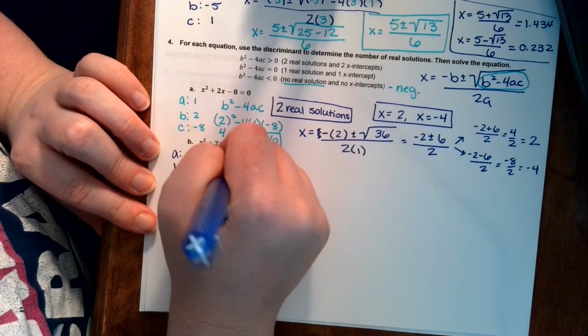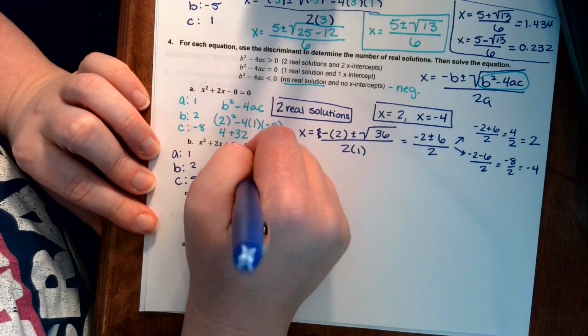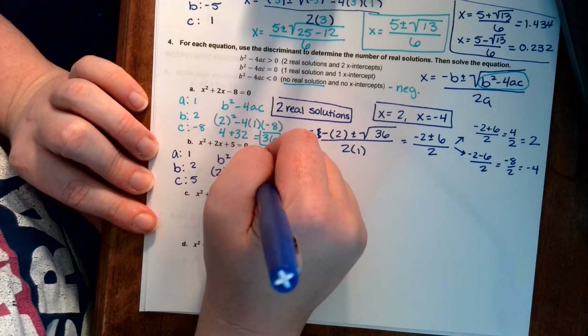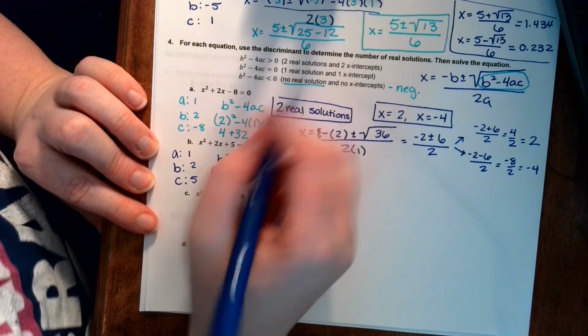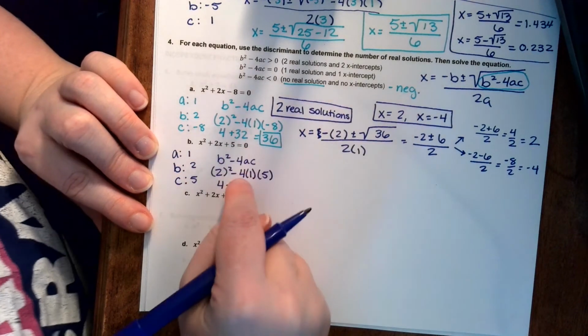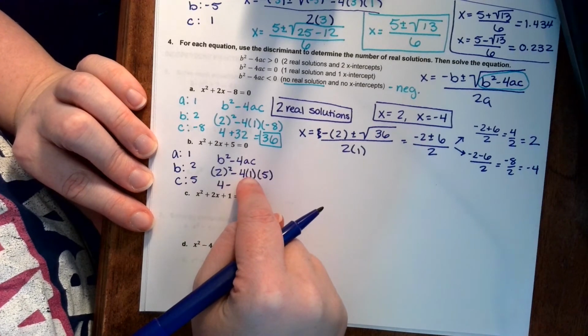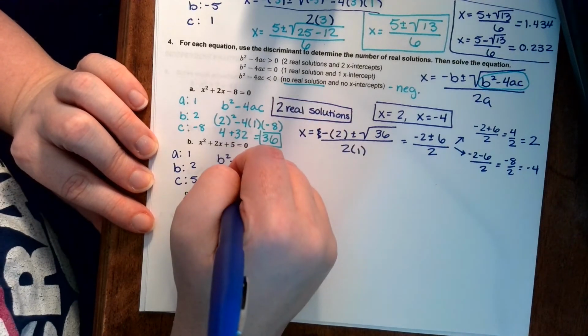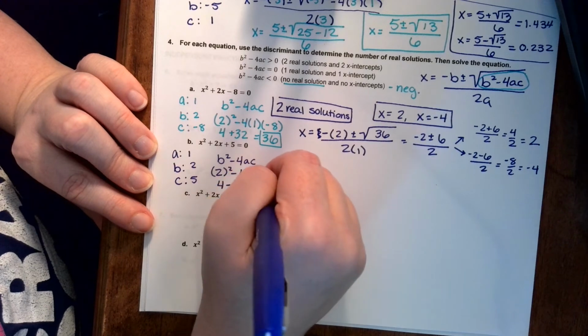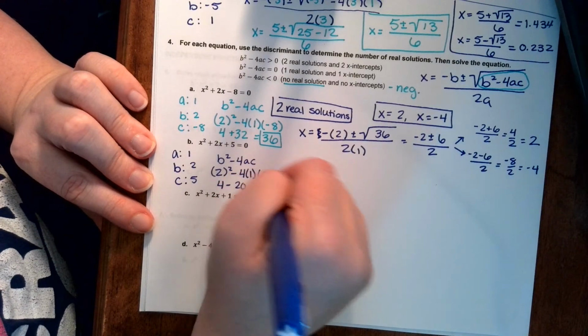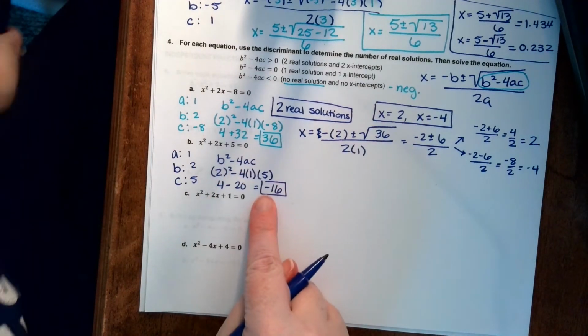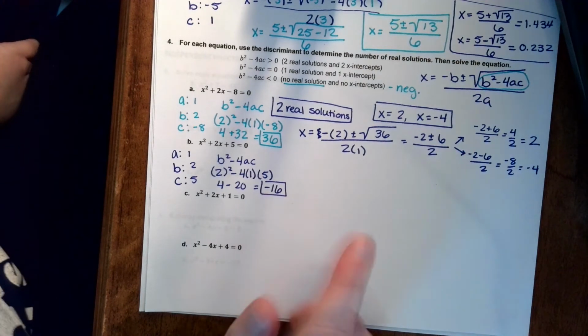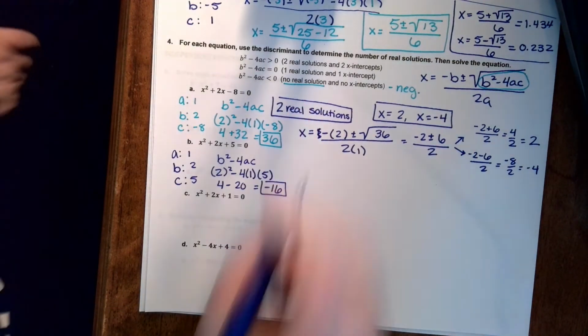We have 2 squared minus 4 times a is 1 times c is 5. 2 squared is 4 minus 4 times 1 is 4 times 5 is 20. And 4 minus 20 is negative 16. Okay. So our discriminant is negative, which means there is no real solution.